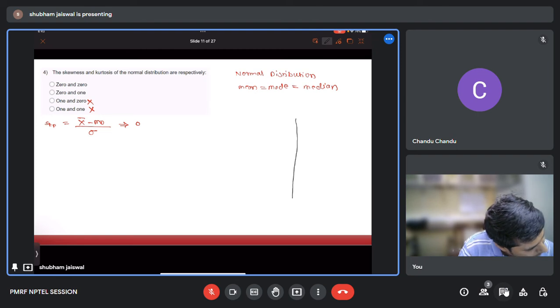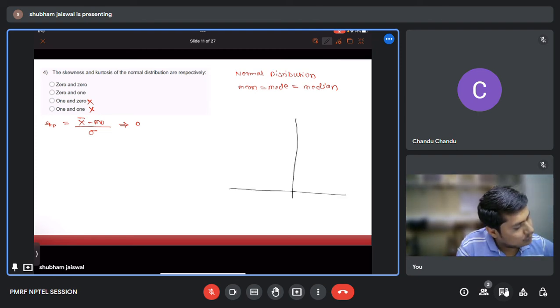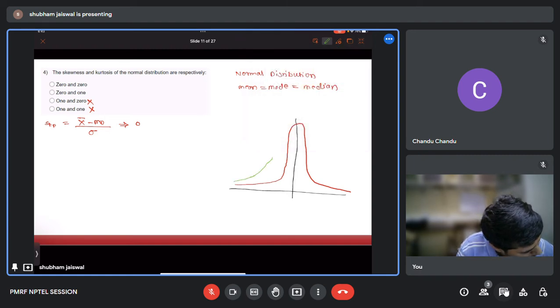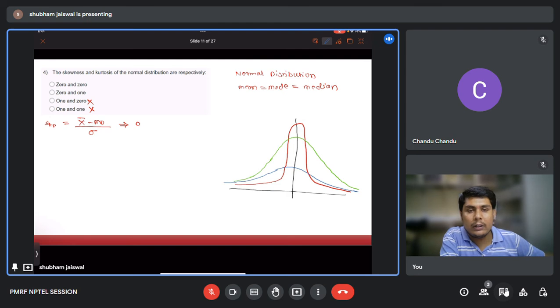So suppose here if I draw, okay, here we have three different conditions.